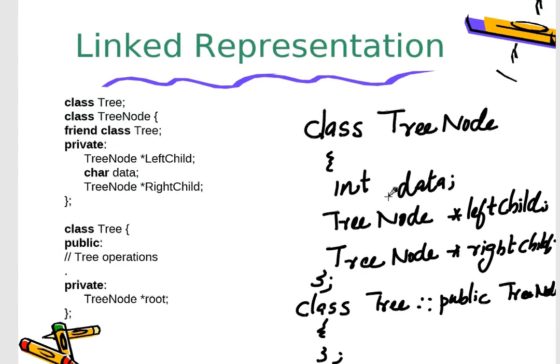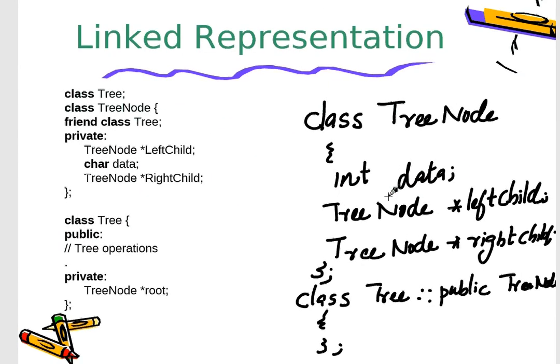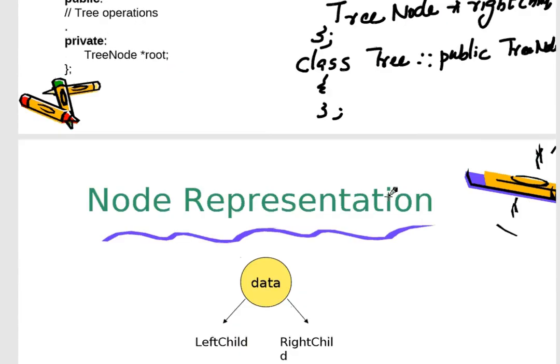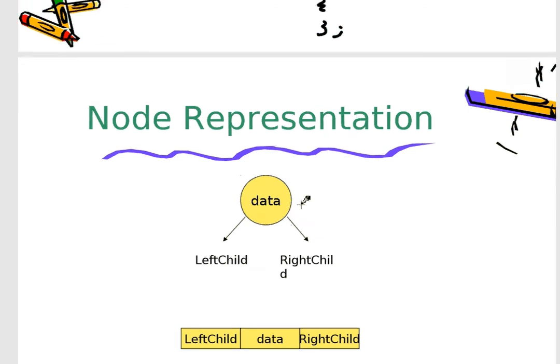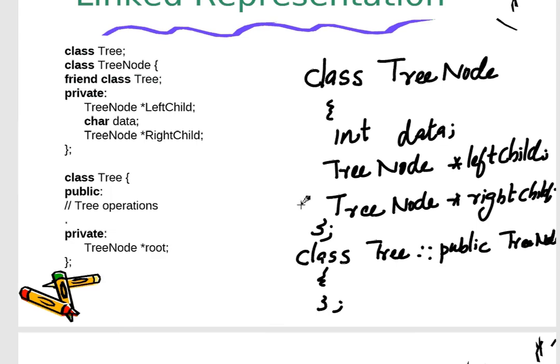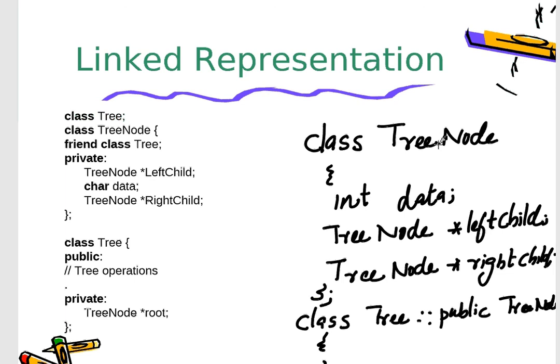Now we can have a linked representation of a binary tree. It is something like this. We have a data field, a left child, and a right child. This can be easily represented by using a class like this. We can have a class TreeNode in which the data is an integer or character depending on the data.